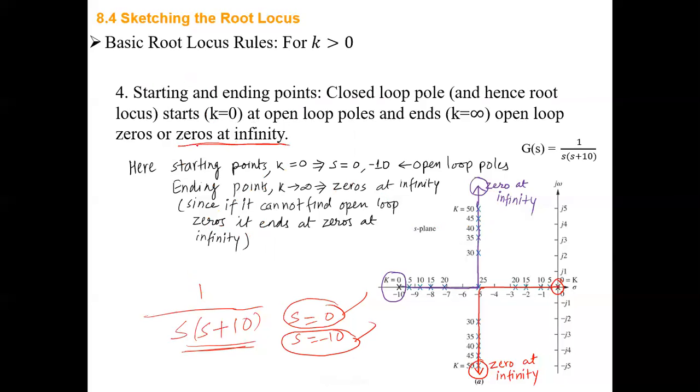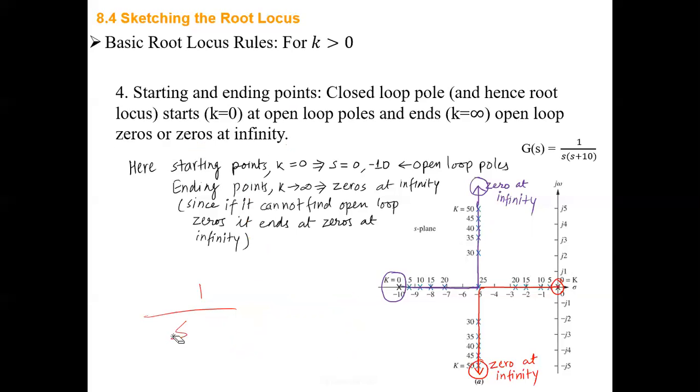If you don't have zeros, then they end up going to infinity, and we call them, quote unquote, zeros at infinity. Guys, does it make sense? Question here, please. I think I get that.